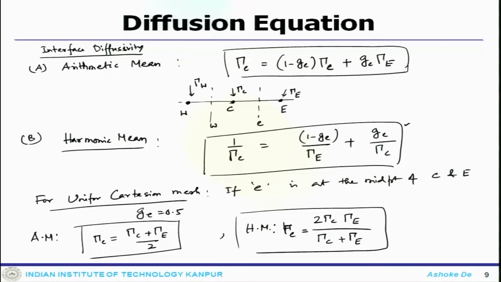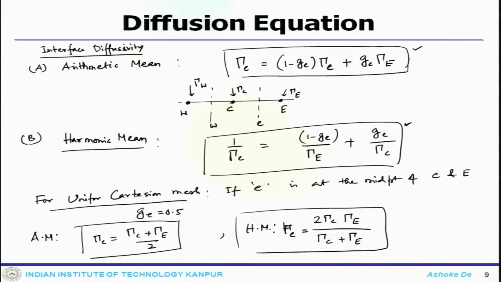That time one can adopt either of these two approaches, either arithmetic mean or harmonic mean. Both of them should yield similar results, but being said that harmonic mean has some advantage over arithmetic mean, or alternatively one can say when the harmonic mean is more preferred over arithmetic mean is the following.